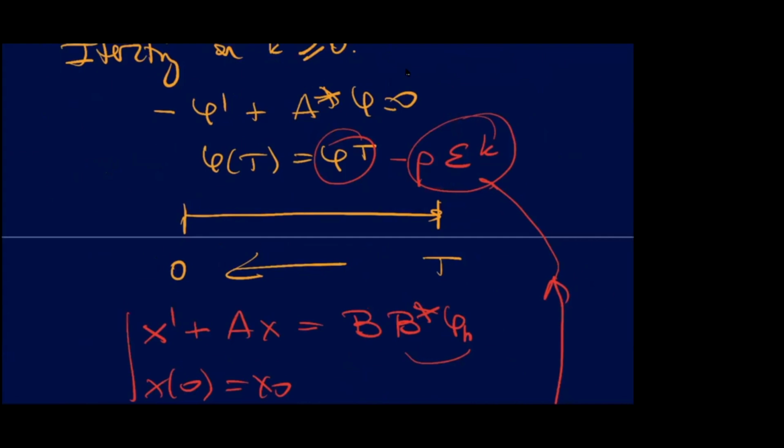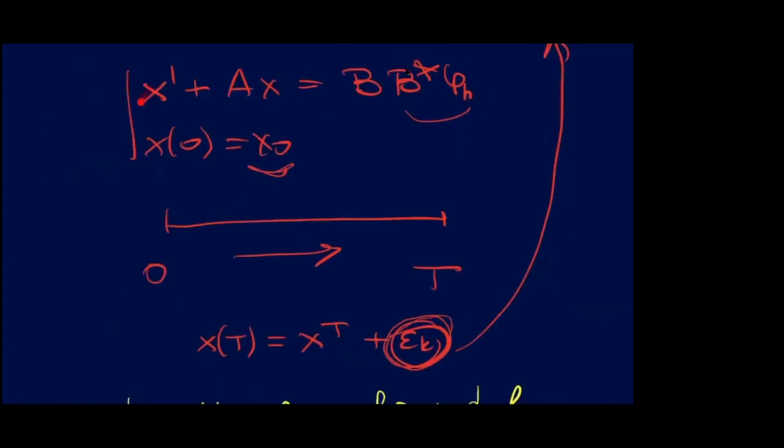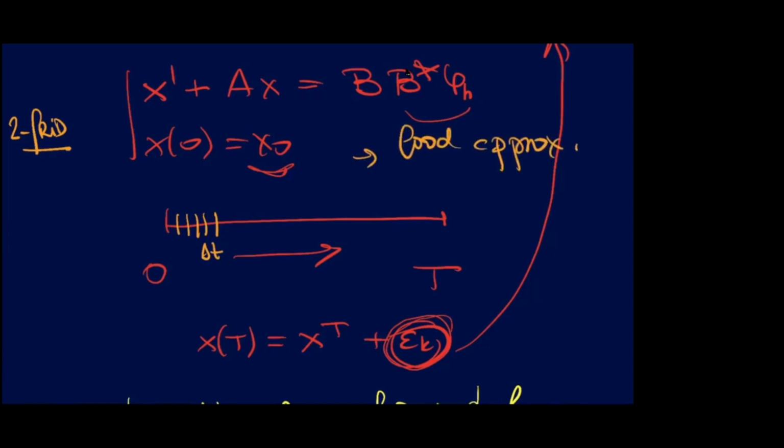If we were solving the forward equation with a mesh, this leads to algorithms which are of two-grid type. In order to track the dynamics of the physical system, of course, you would like to take a delta t which is quite small, because we need a good approximation of the dynamics. I'm tracking these dynamics.